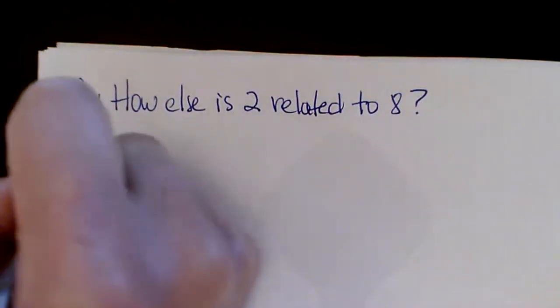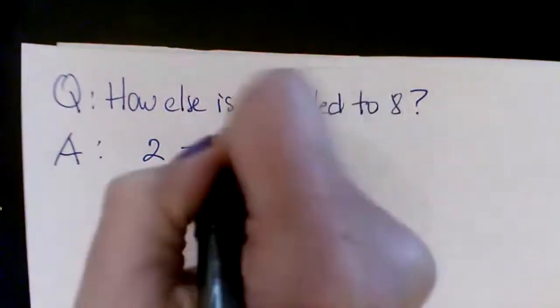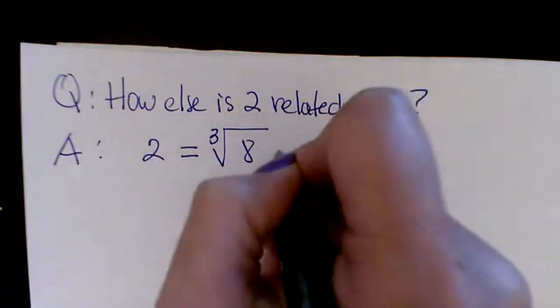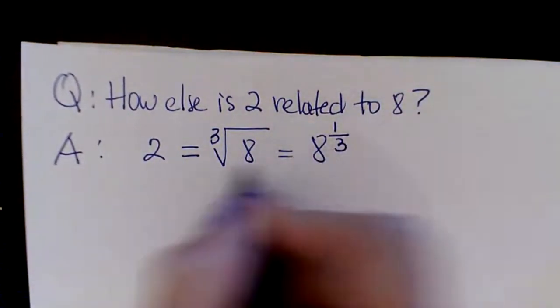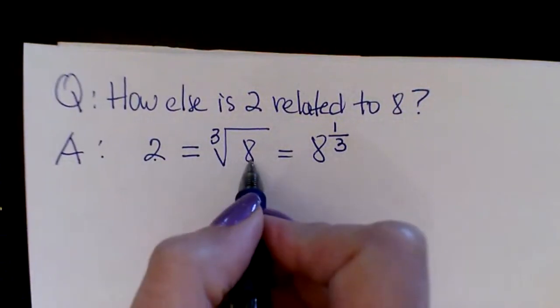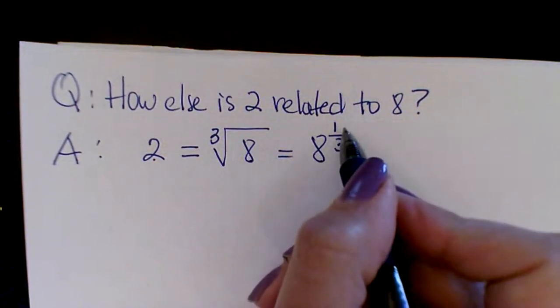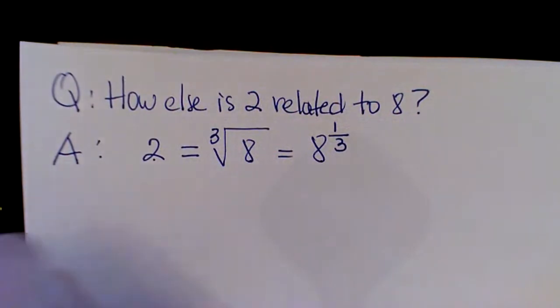And here's the answer. 2 is the same as the cubic root of 8, and equal to 8 to the exponent 1/3. So here comes the rule.